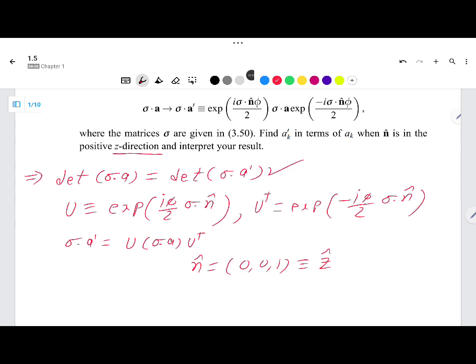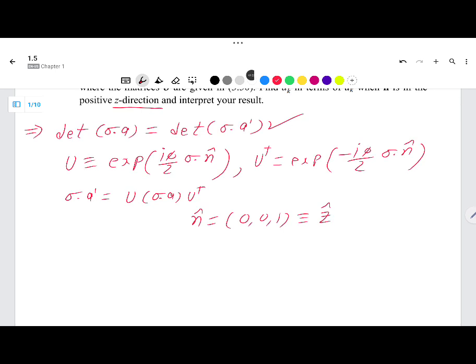So how do we show that? One of the properties of determinant is this: determinant of ABC equals determinant of A times determinant of B times determinant of C, since these are just numbers.